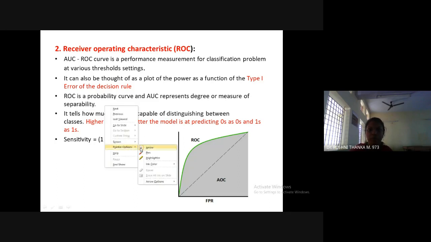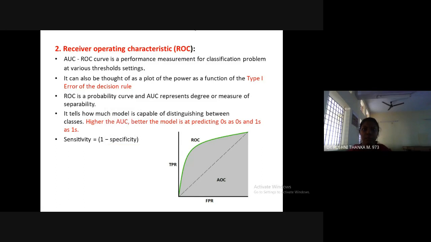We know what true positive and false positive are. To calculate this ROC, the two important parameters we are going to use are the true positive rate and the false positive rate. Here in this graph, true positive rate is on the y-axis and false positive rate is on the x-axis.